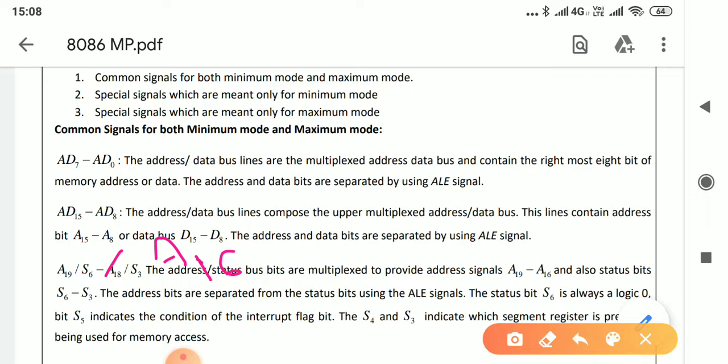So A16 to A19 are the pins, that is A18/S5, A19/S6. Again these are multiplexed with the status signal pins S3 to S6. So address and status bits are multiplexed to provide the address signals A19 to A16 and also the status bits. The status bits are S3 to S6 and the address bus bits are from A16 to A19.